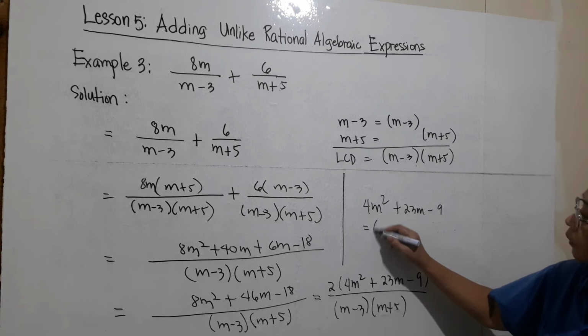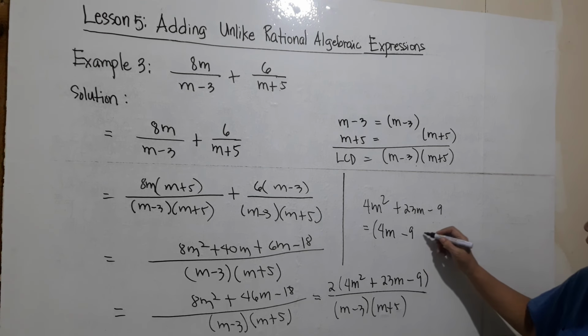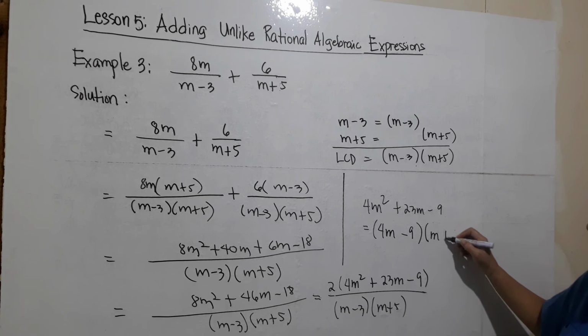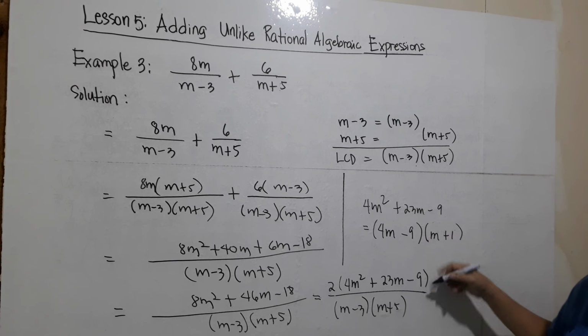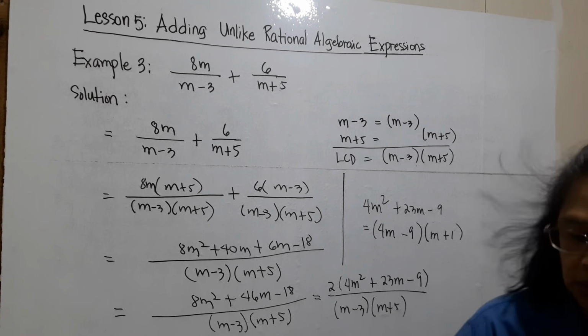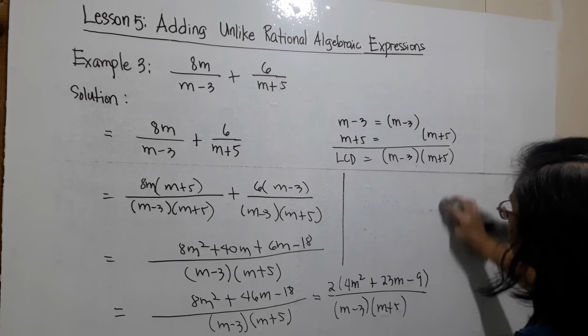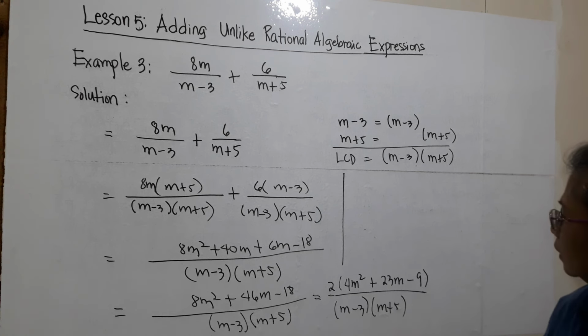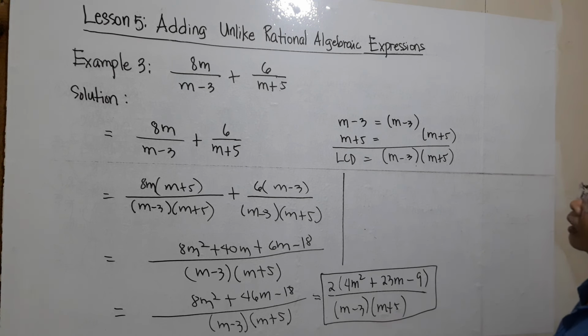Let's have another trial. Minus 9, and then m plus 1. This is 4m squared. 4m plus 9m, no. So that means the trinomial is prime. So we will just have this as is. There's nothing to cancel. And this would be the correct sum of example number 3.